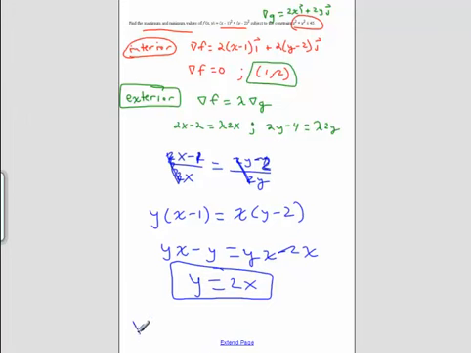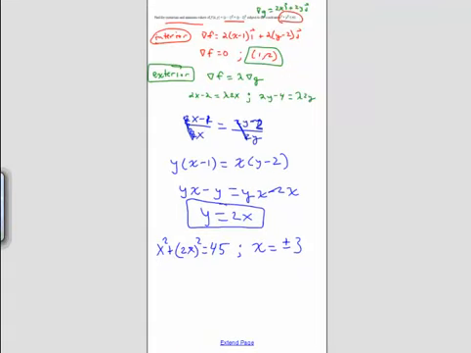So we have x squared plus 2x squared equals 45. And if we solve that, we get x equals plus or minus 3.